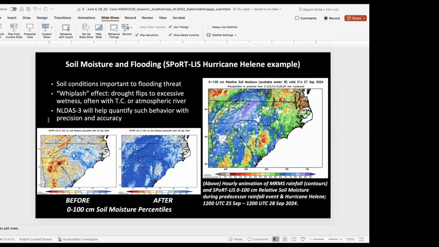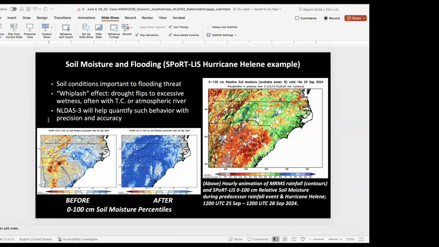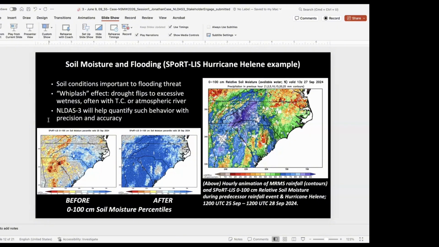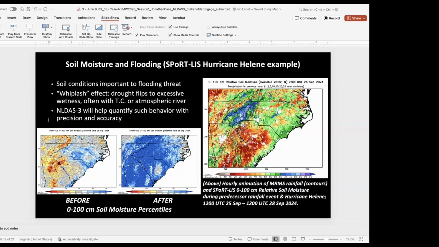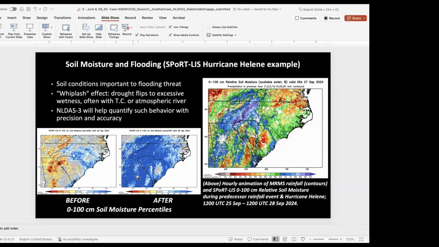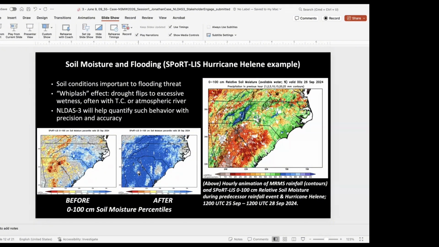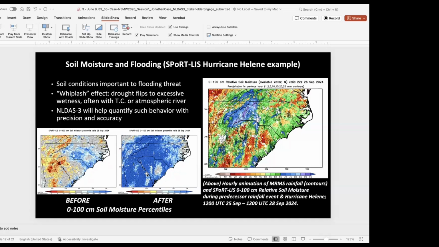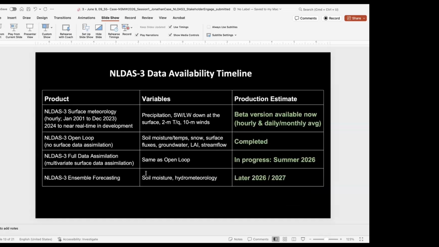And oftentimes you see tropical cyclones or atmospheric river events that lead to that whiplash effect, where you go from either normal or anomalously dry to extreme wet and flooding conditions. And you can see over the Carolinas, we're up near the 100th percentile in soil moisture over almost the entire region.